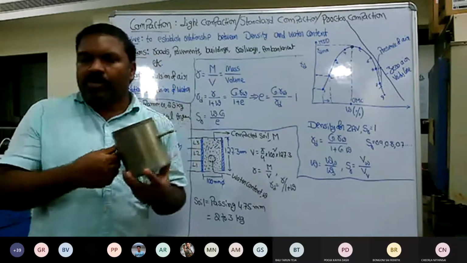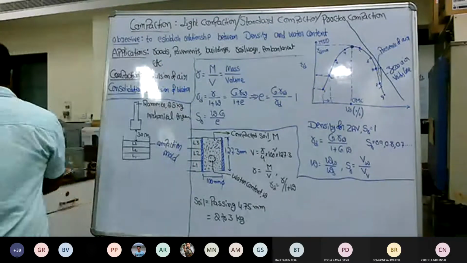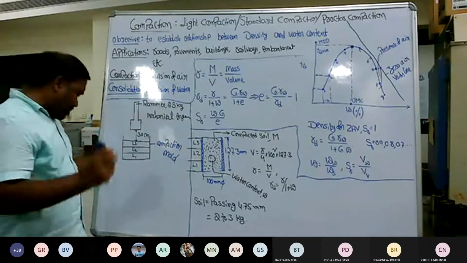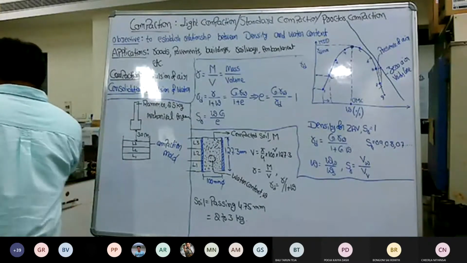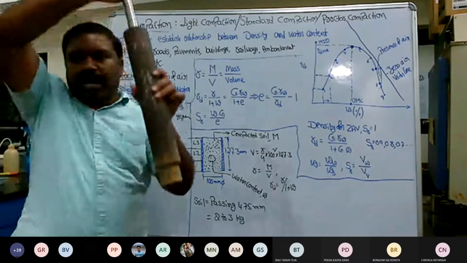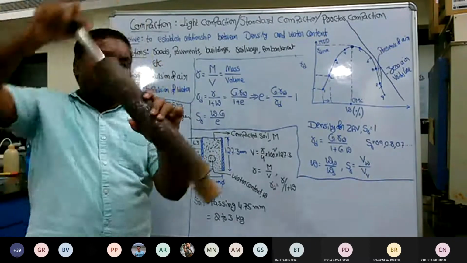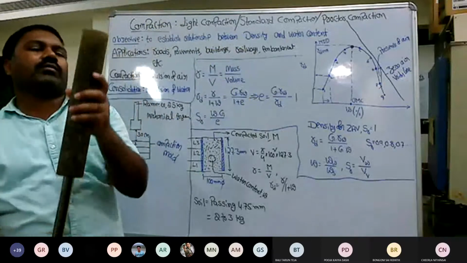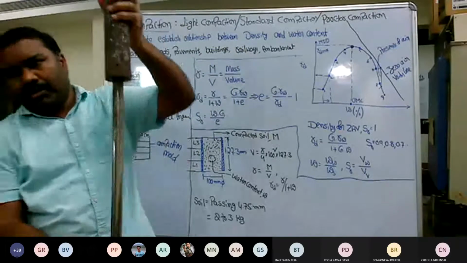So how do you do the compaction? For compaction purpose, I am going to take a rammer. So this is called a rammer.